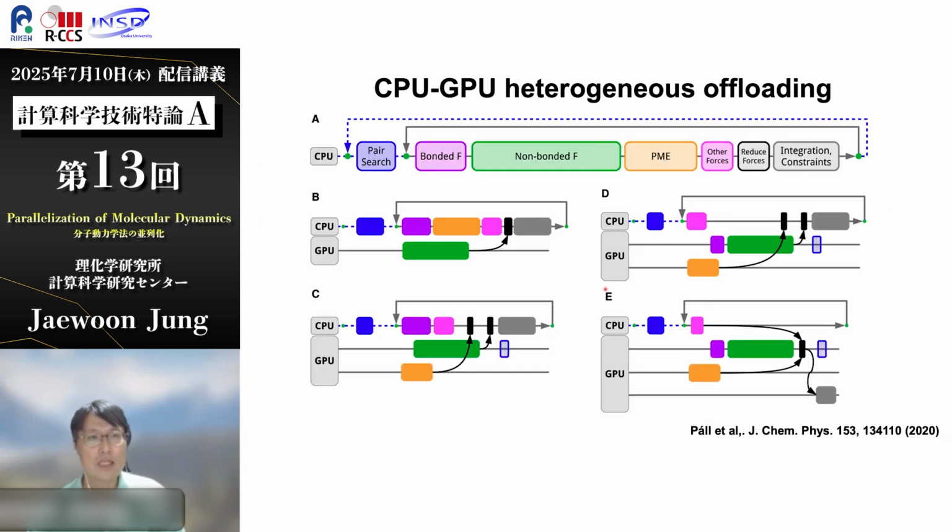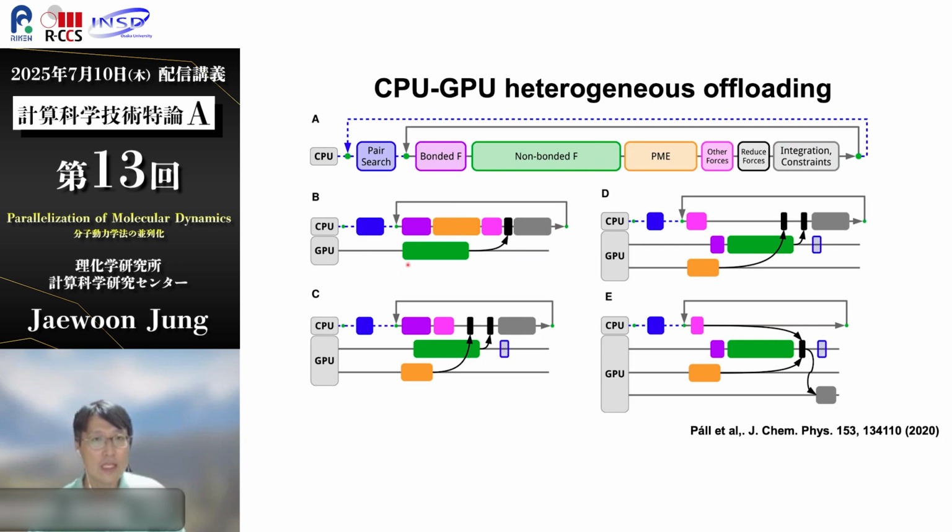And also, in many cases, CPU-GPU heterogeneous offloading is important. In GROMACS, they consider several different offloading schemes. For example, one simple option is to calculate everything on CPU.